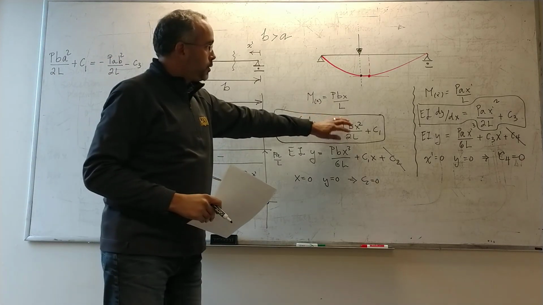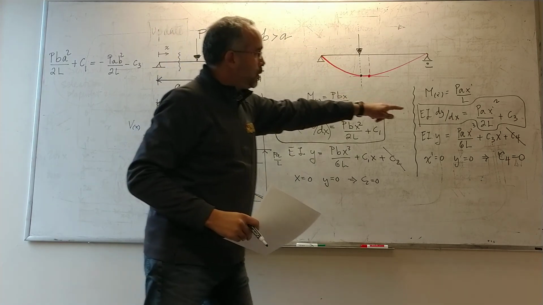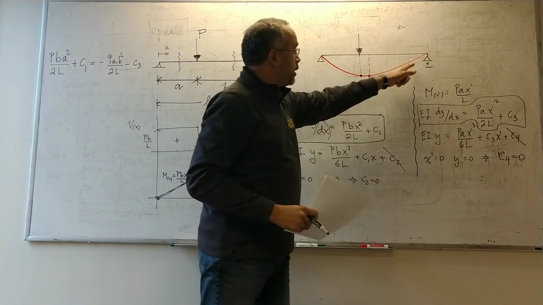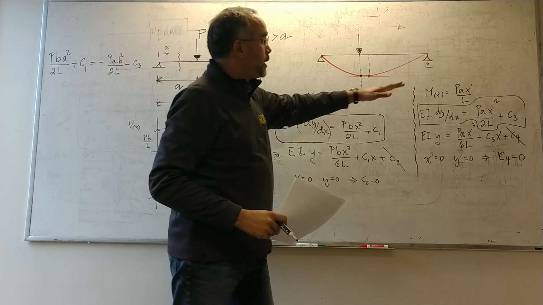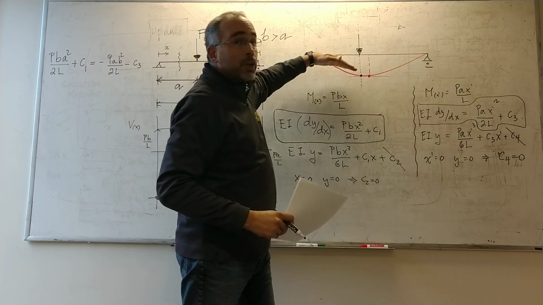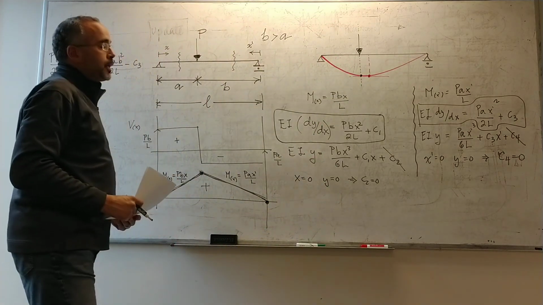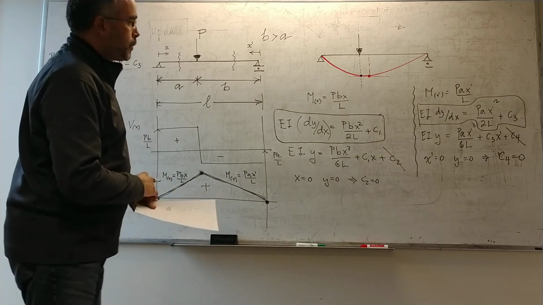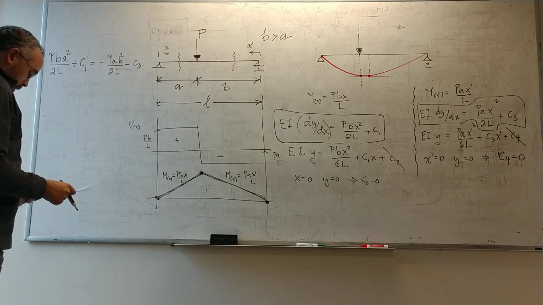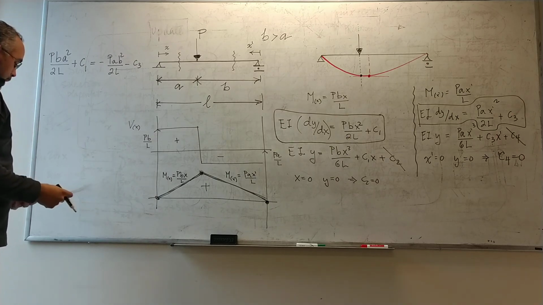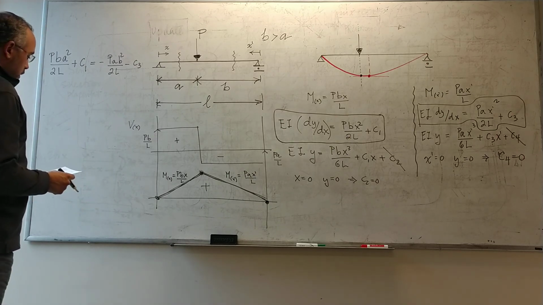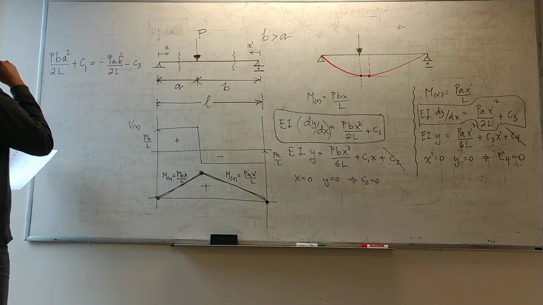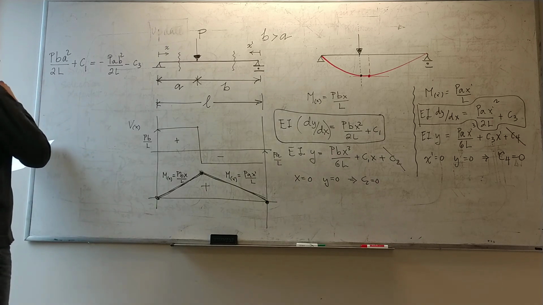Again, this equals this with a negative sign because the slope has already turned at that point, because it has already gone through the maximum. So if we do that, we obtain an equation that relates the two C's, right?